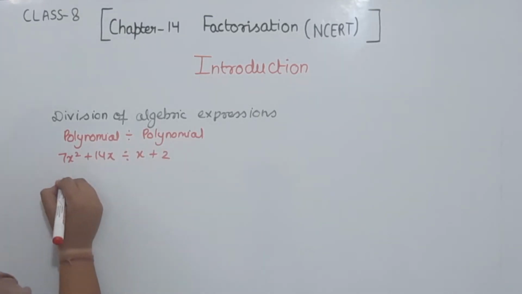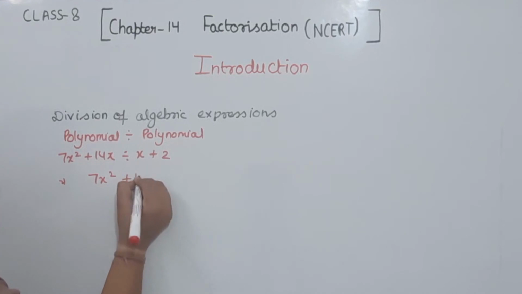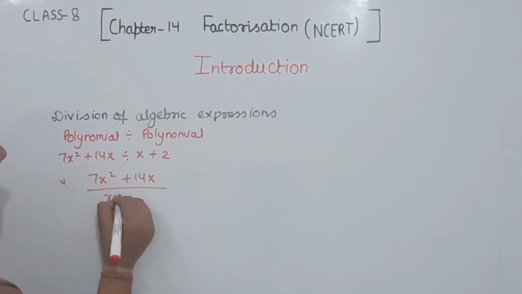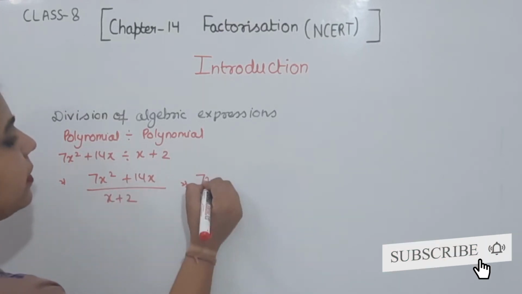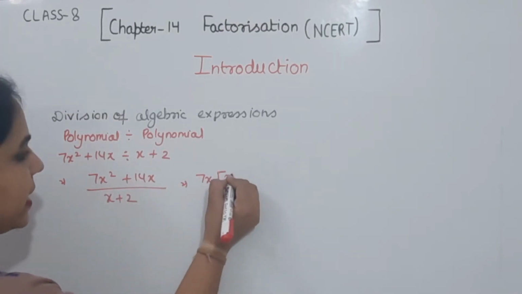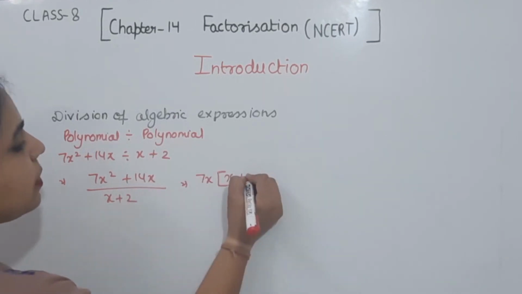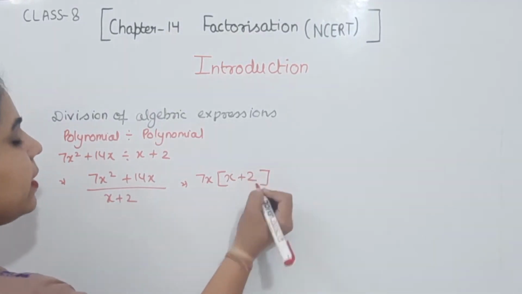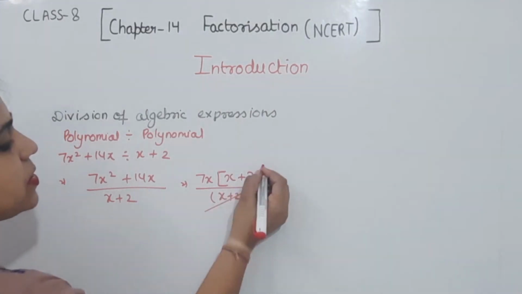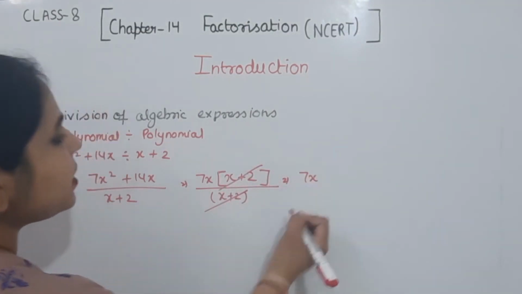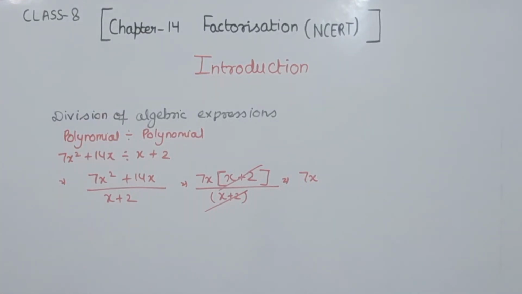So I am going to write here 7x square plus 14x divided by x plus 2. Now I am going to take the common here. I can take common as 7 and x. So we will have the remainder as x plus 2, since 7 twos are 14, and x outside as the common. Now here in the denominator we have x plus 2. x plus 2 is cancelled from x plus 2. This one we are having is 7x. This is the division when both the terms are polynomials.